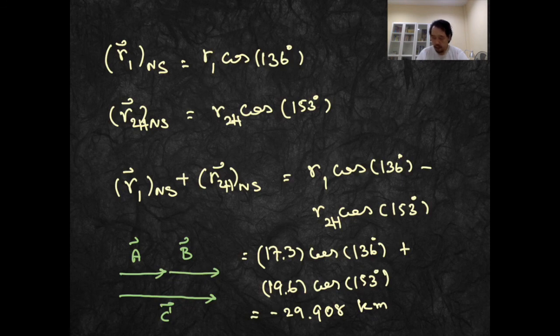17.3 cos 136, minus, we have the minus sign here, 19.6 times cos 153. Okay, we change the number.